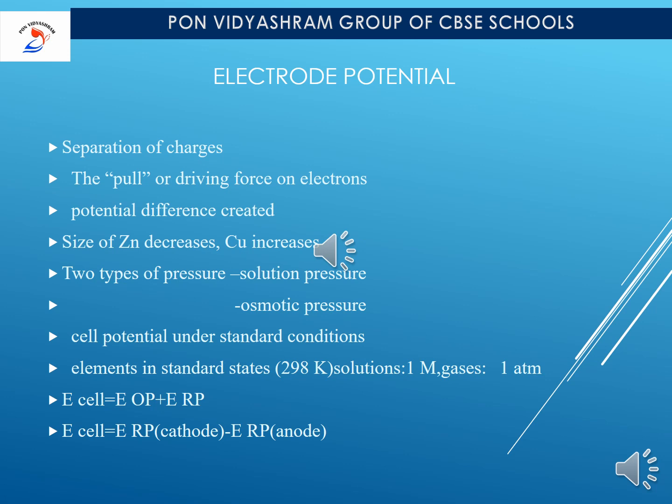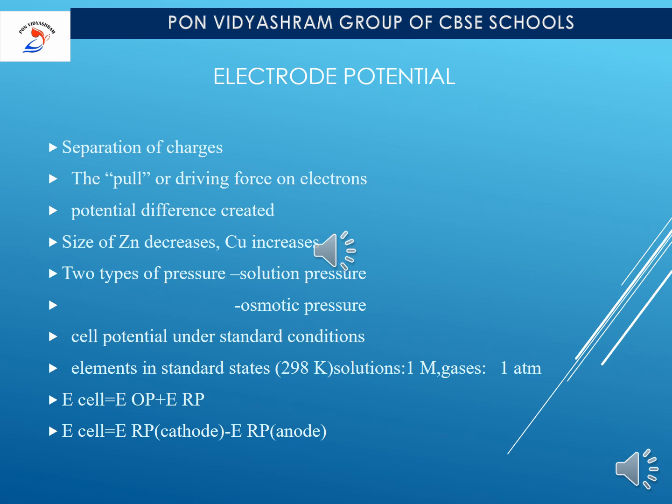Now to talk about it, cell potential under standard condition also can be explained. So this one will be noted under two things: standard temperature and standard pressure. Now E cell, the electrode cell potential, can be calculated. How? It is an addition of EOP at anode plus ERP at cathode.